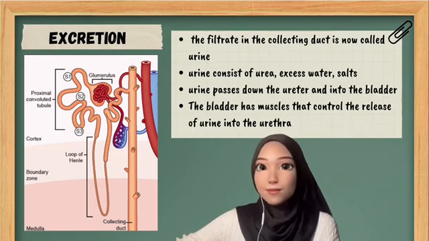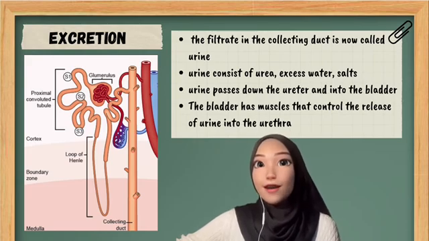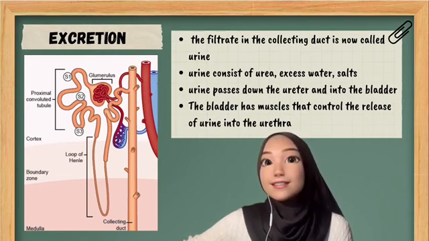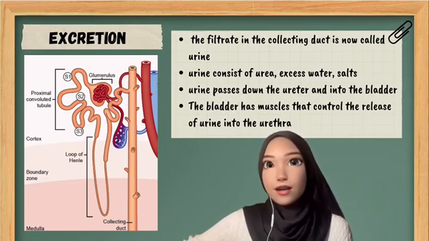Now, I have explained all the 3 steps of the urine formation. So, the last thing that I will be explaining to you guys is about excretion. So, the filtrate in the collecting duct is now called urine, and urine consists of urea, excess water, and also salts.